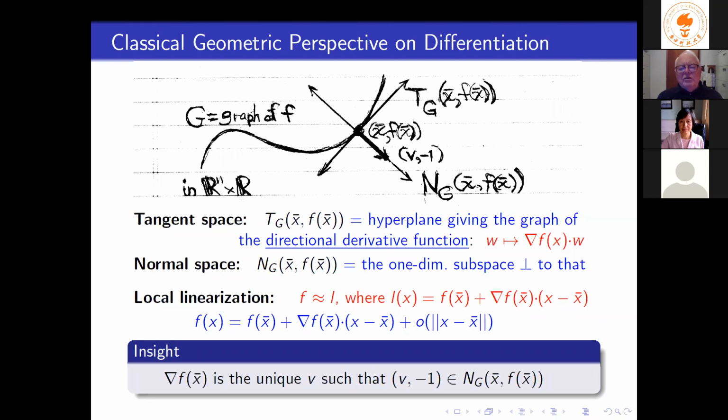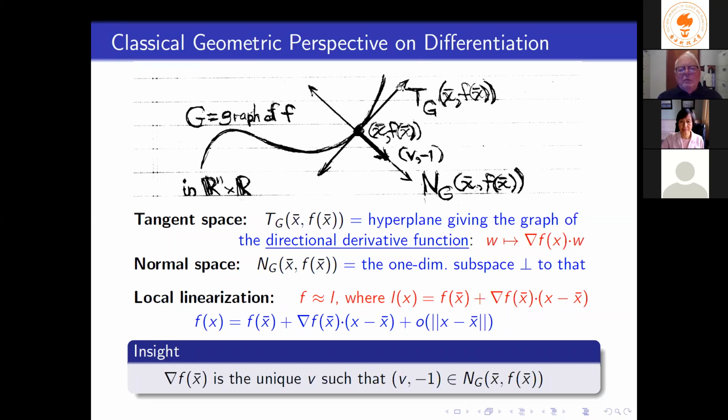Here, as always, it's floating. Although the tangent space and the normal space are subspaces, in which case this point would be like the origin, we have floated those spaces over here to be at this point. Anyway, this is somehow giving the directional derivatives of the function.